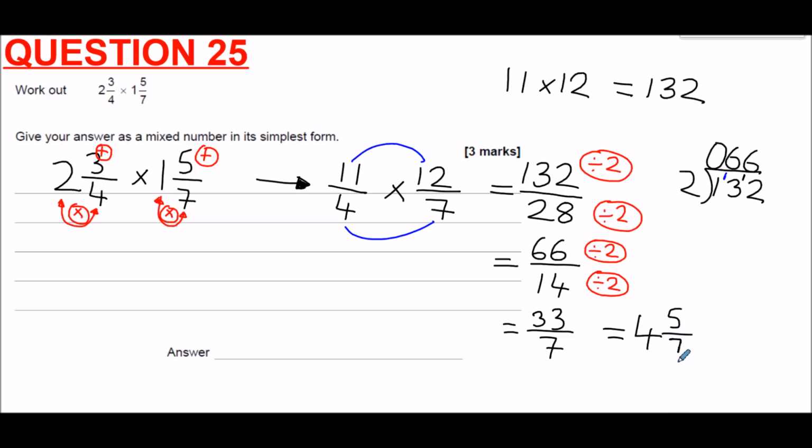So back as a mixed number, 33 over 7 becomes 4 with 5/7 left over. So back as a mixed number in its simplest form, we'd have this as our final answer. And so on our answer line, we put 4 and 5/7.